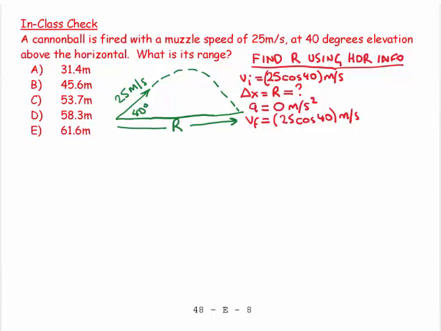And so it's tempting to say, well, VF squared equals VI squared plus 2a delta x. And the problem is that because a equals 0, the second term disappears. The thing that's multiplying delta x, which is what I want, disappears. And I get VF squared equals VI squared, which I knew already.